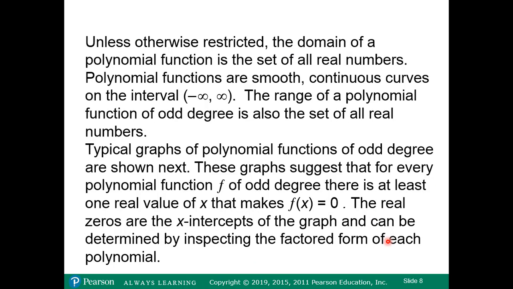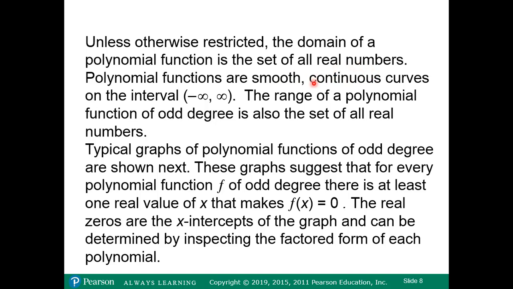Okay, now, unless otherwise restricted, the domain of polynomial functions is the set of all real numbers. Polynomial functions are smooth, continuous curves. What does that mean? Smooth means that there's no sharp edges, no cusps, no sharp corners. It's just nice and smooth.